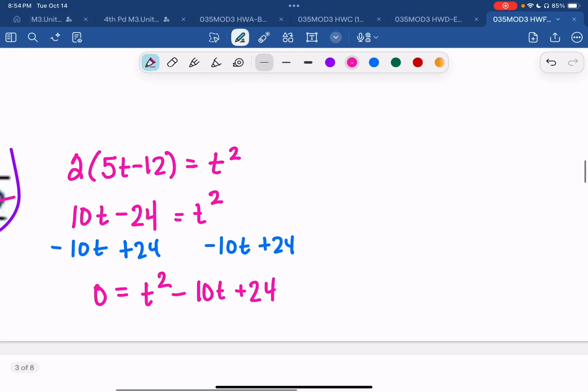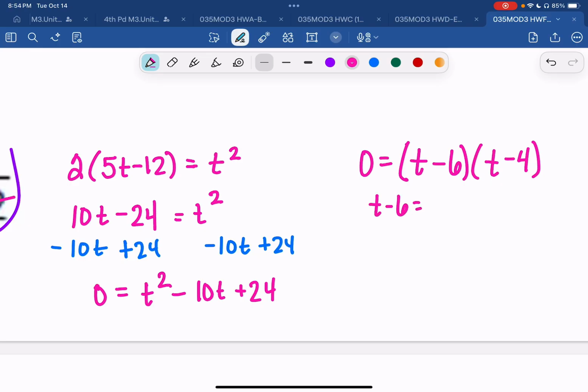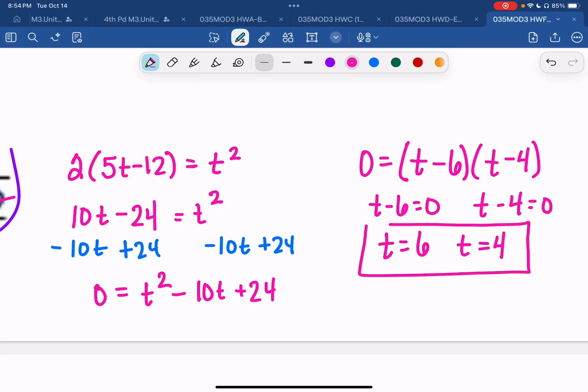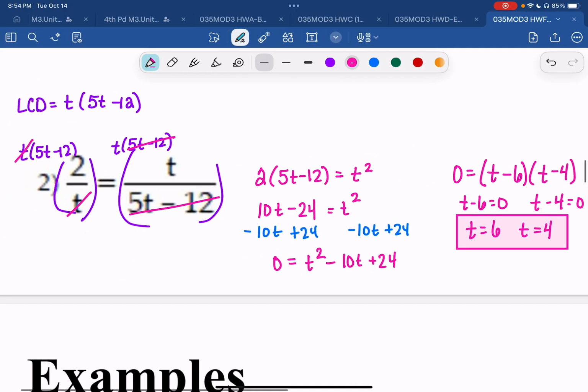Okay, back to our good old friend factoring. So I've got t minus 6 and t minus 4. And I know I can set both of these equal to 0. So either t is going to be 6 or t is going to be 4. And I need to make sure that these solutions do not give me a 0 in my denominator. And they don't, I'm good.